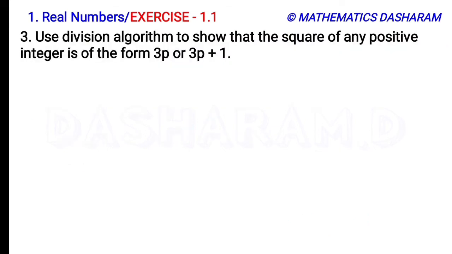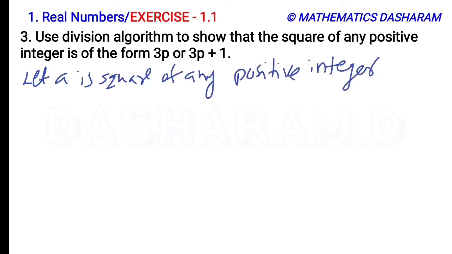Third question, it is also very important. Use division algorithm. Show that the square of any positive integer is of the form 3p or 3p plus 1. So let a be the square of any positive integer. Next, b is 3, given. Next, the q value also changed in the question. Q equals what? P, given.